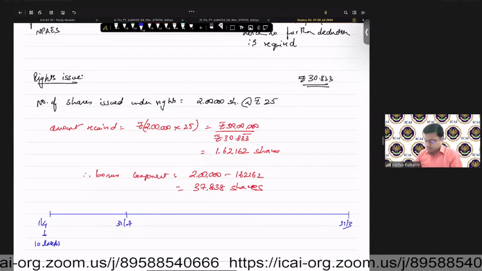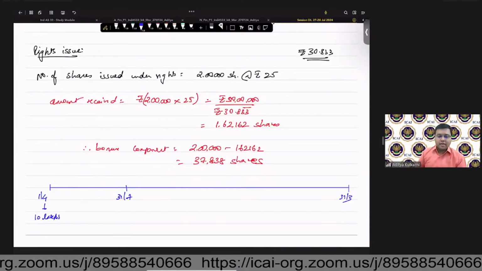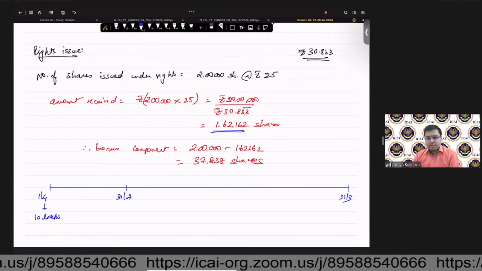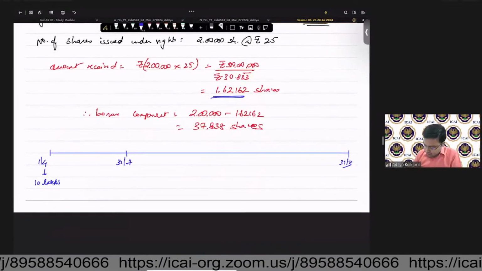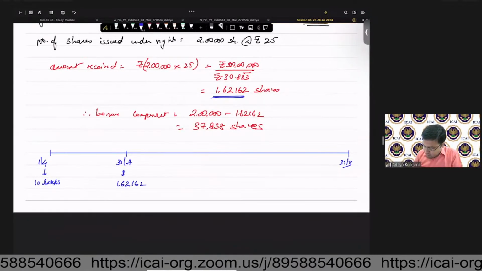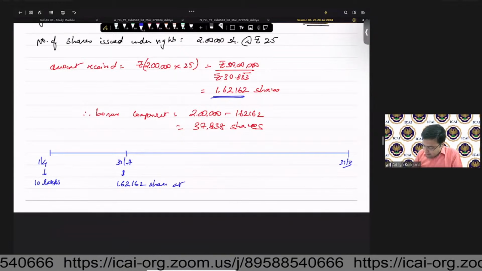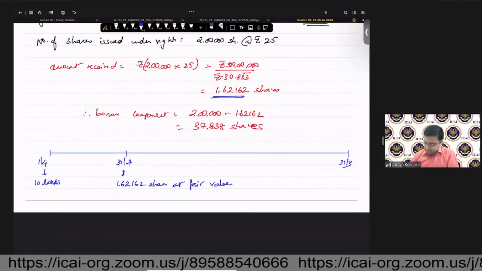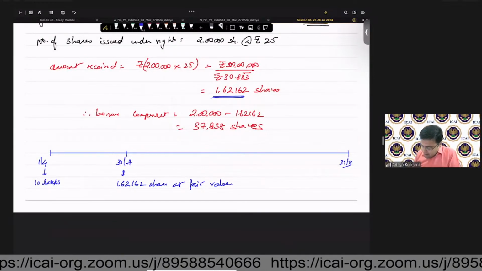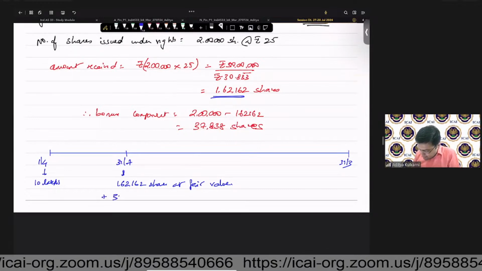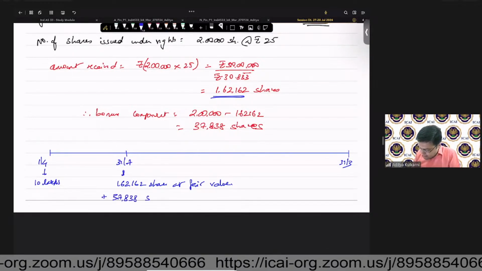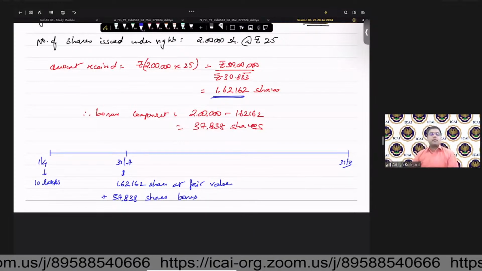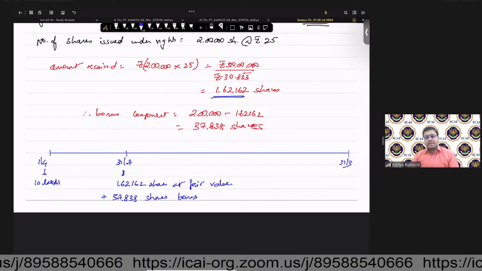On 31st July, I am issuing 1,62,162 shares, which is the fair value at which I have issued the shares. And I have additionally issued 37,838 bonus shares.